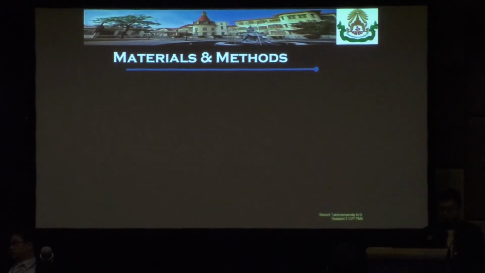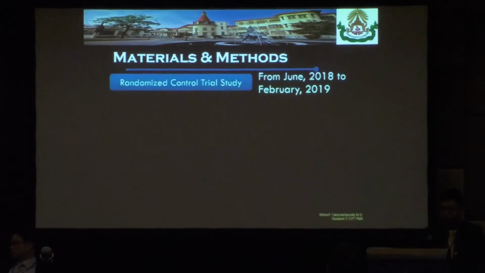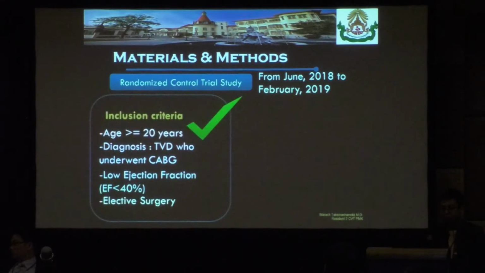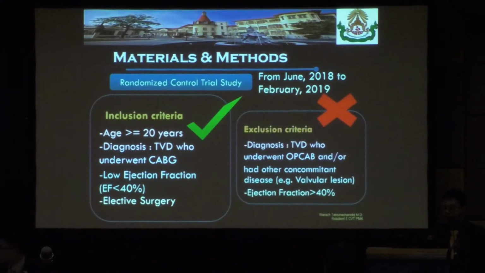Material and method. Our study is a randomized controlled trial done at Pramongkutklao Hospital from June 2018 to February 2019 in patients with coronary artery disease and low ejection fraction who underwent only coronary artery bypass graft in elective surgery.